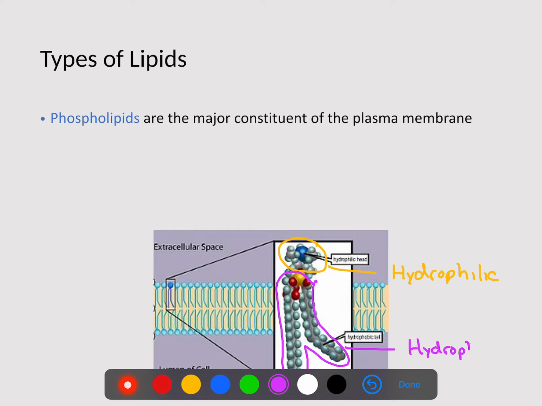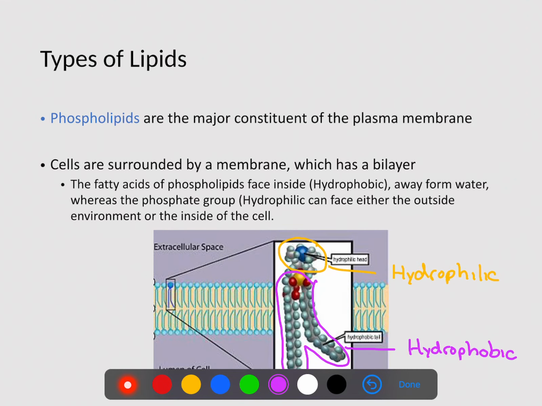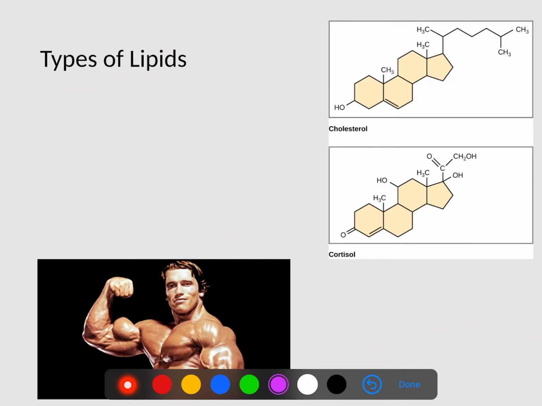And that's what actually gives our cell membranes that double membrane. So cells are surrounded by a membrane which has a bilayer. Bi just simply means 2 layers. So the fatty acids, the phospholipids, face inside because they're hydrophobic, away from the water, whereas the phosphate groups, hydrophilic, can face either the outside environment or the inside cell.